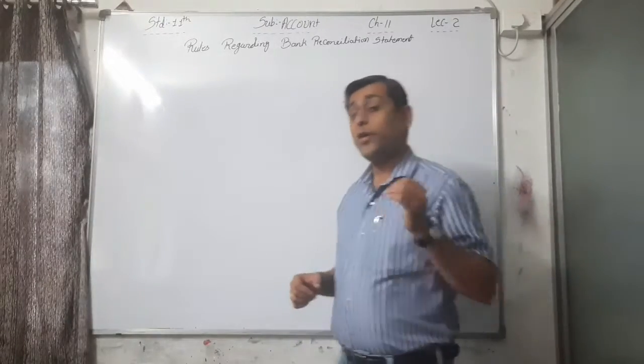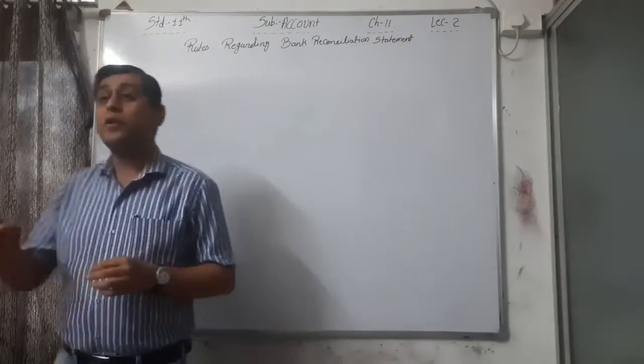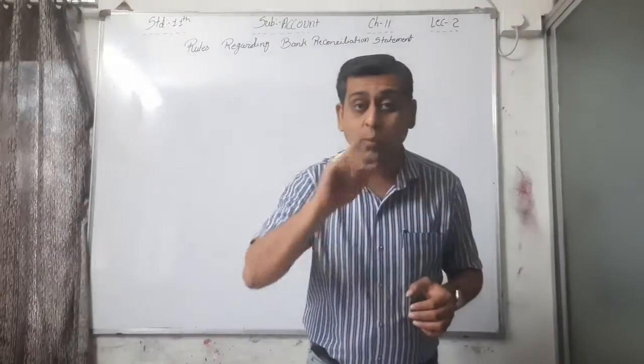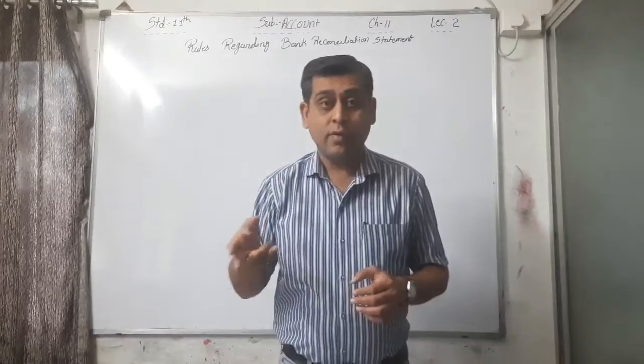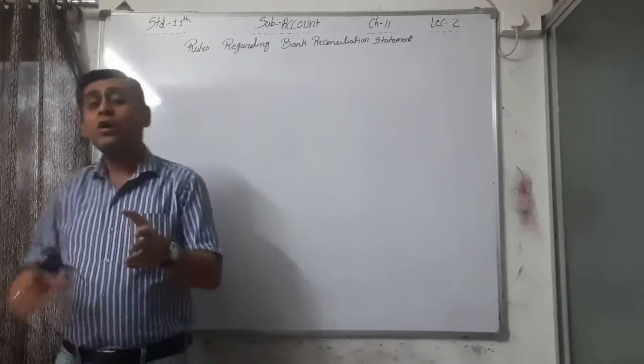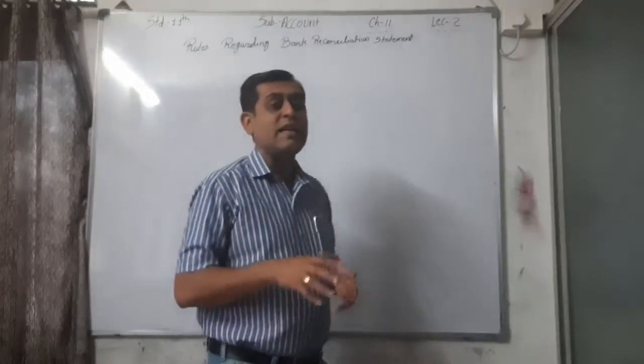So what is the meaning of this? I deposit my check on Friday, but it is credited to my account on Tuesday, right? And in between, the month is over or the fortnight is over, 15 days is over.